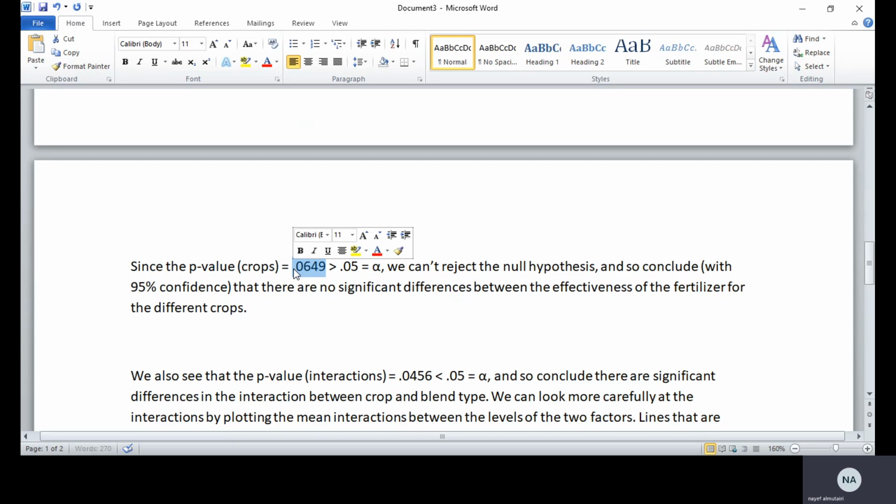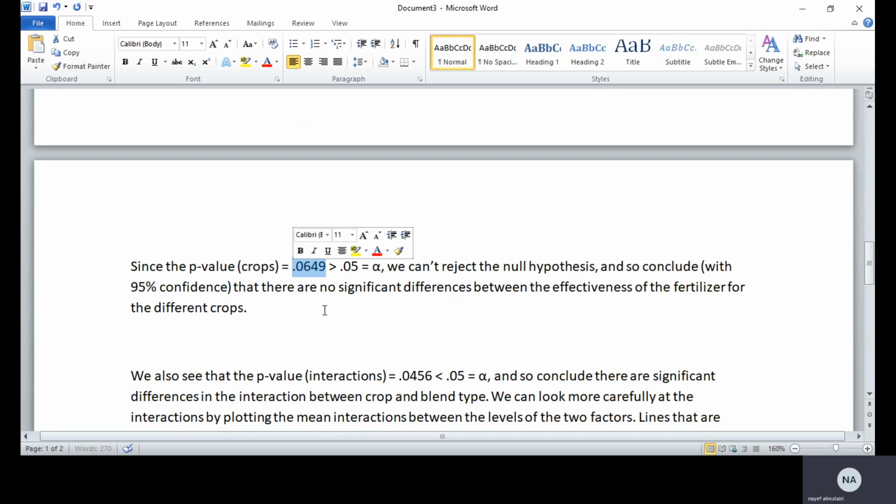But who cares now? We found that there was a statistical significance between using any of these blends of fertilizers. But since the p-value for crops is equal to 0.0649, which is higher than 0.05, equal to alpha, we cannot reject the null hypothesis, which means that they are equal.